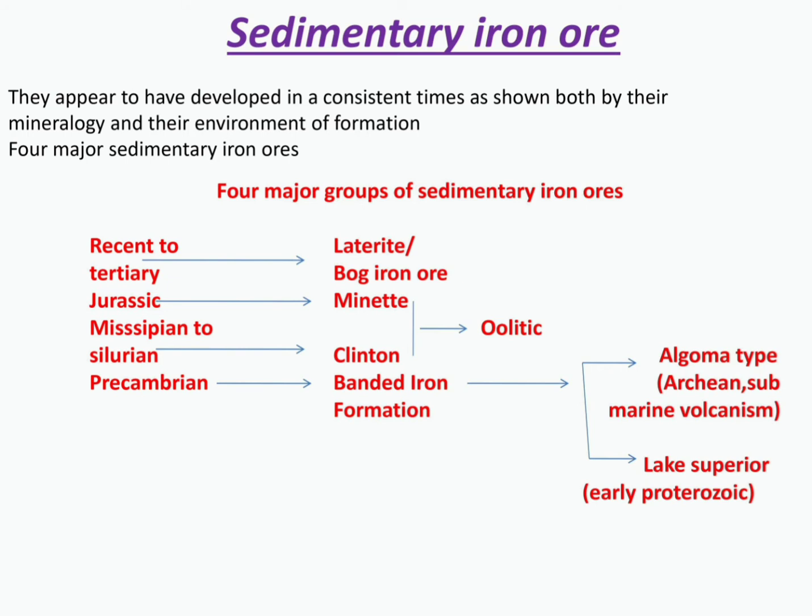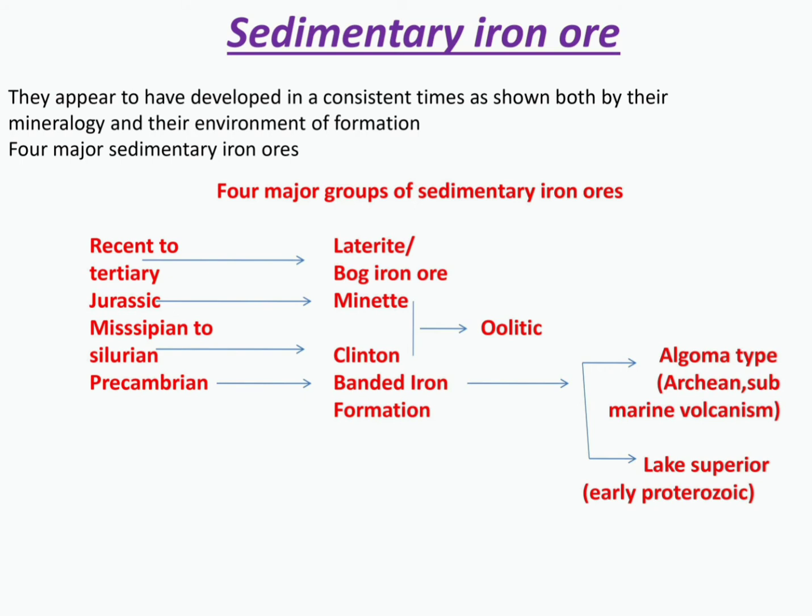Both Minette and Clinton are of oolite type. They are spherical shaped, less than 2 millimeter grain size. So they have the oolitic shape, the Minette and the Clinton. But the Algoma and Lake Superior are banded iron formations.